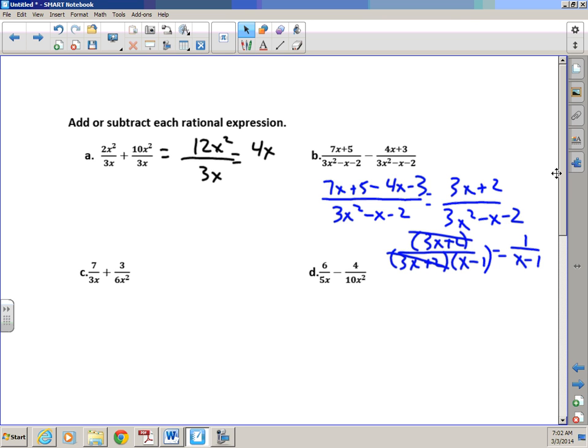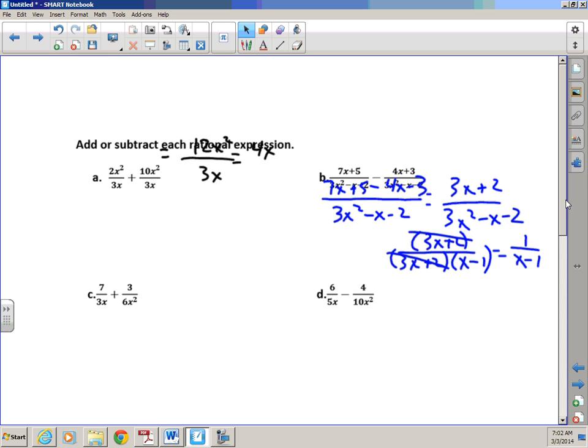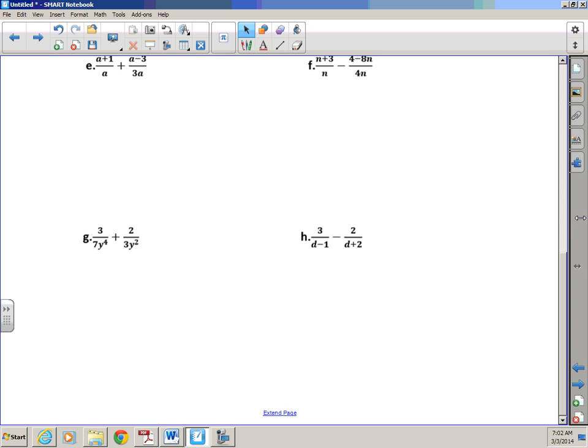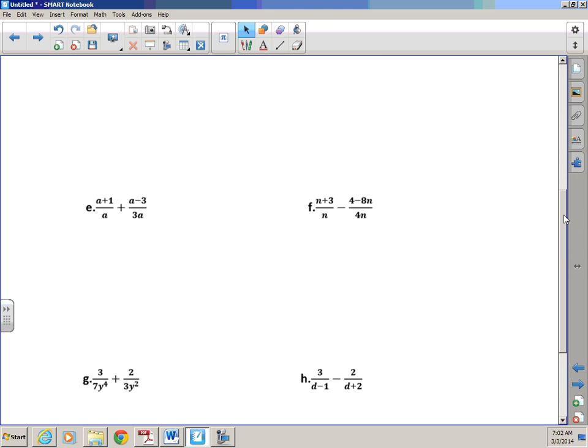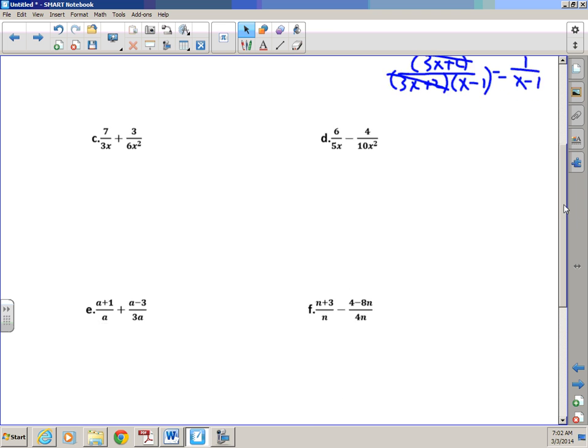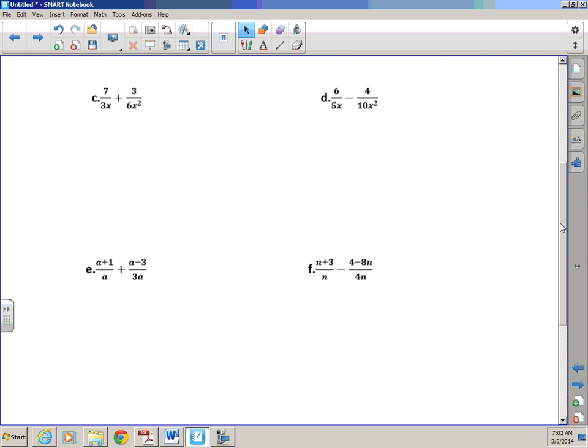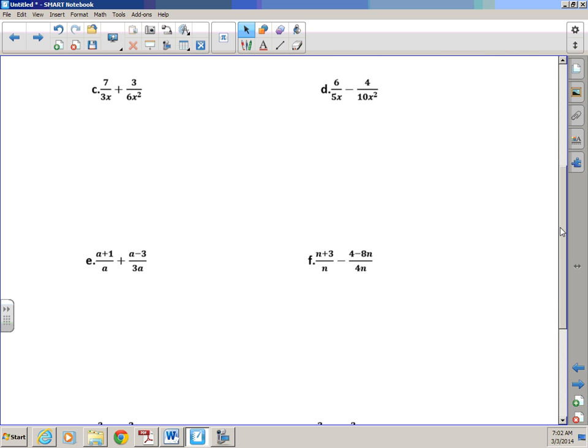Okay. Now we'll get into problems where we need to change denominators. All right. Let's go here. So now we have different denominators. My suggestion always is to identify the LCD, which is 6x squared.